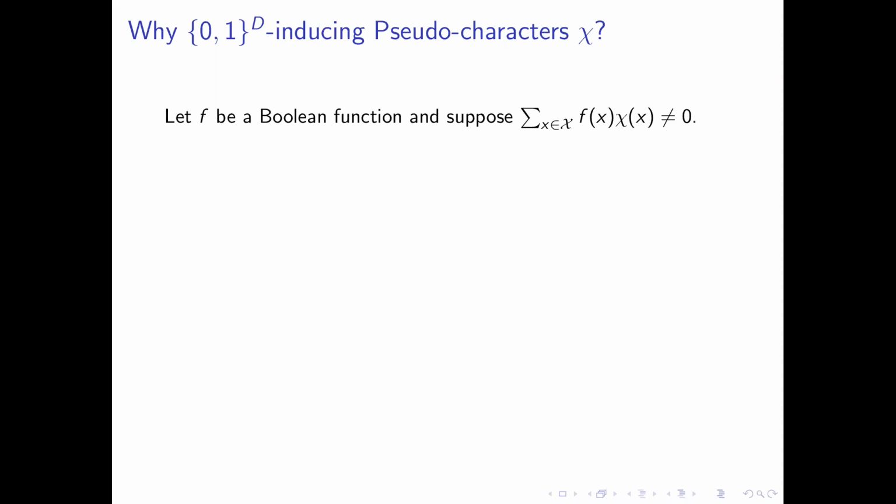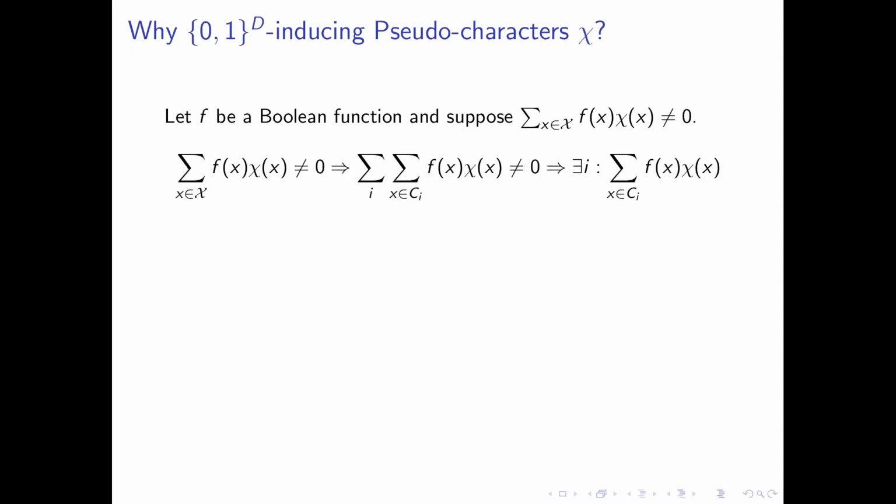This is going to show us how we can reduce sensitivity on our domain X, in particular permutations, to the case of the hypercube. I'm going to take a Boolean function f, and suppose that its inner product with this 0-1 D inducing pseudo-character is non-zero.